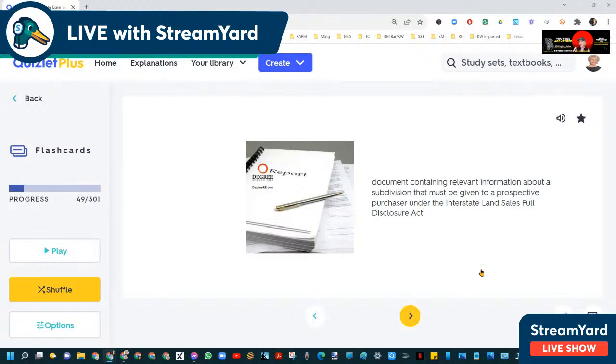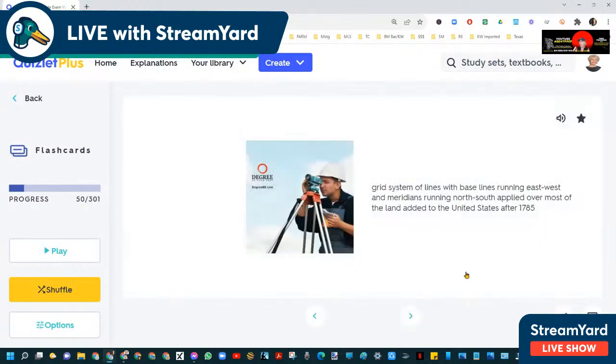Number 50. Grid system of lines with baselines running east and west and meridians running north and south, applied over most of the land added to the United States after 1785. This is a type of survey that is used in some states, not all.